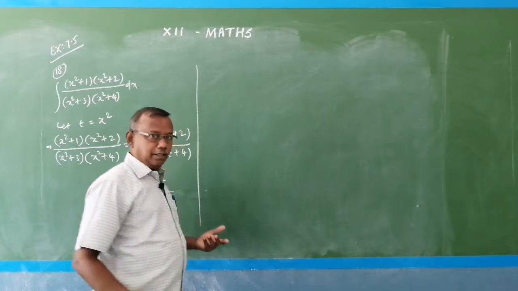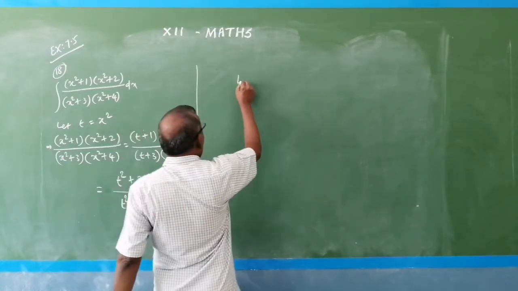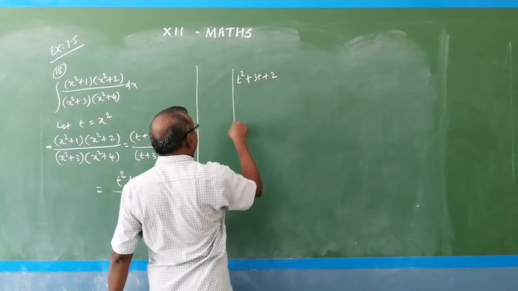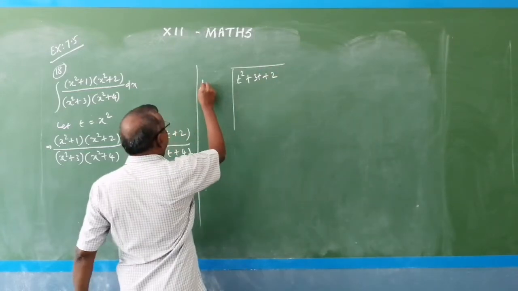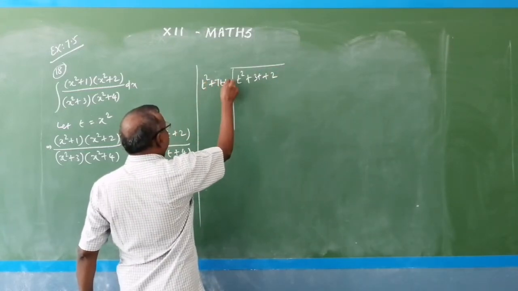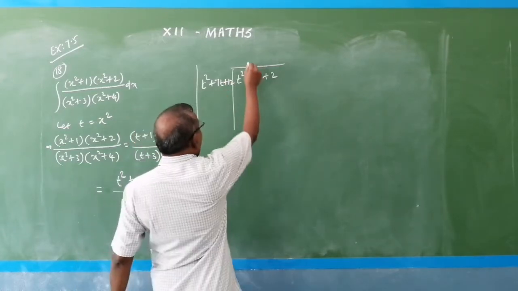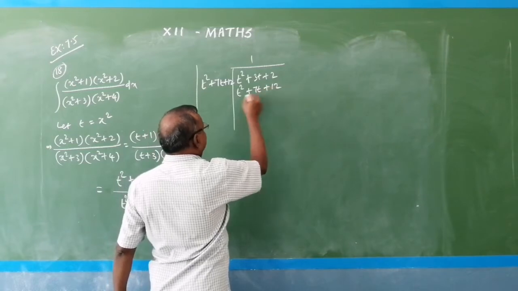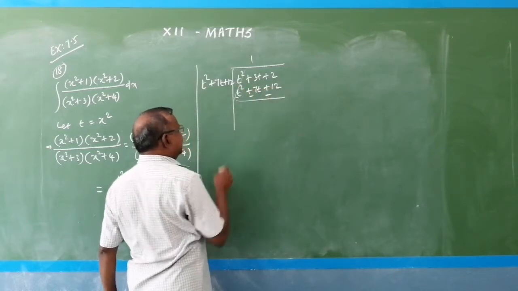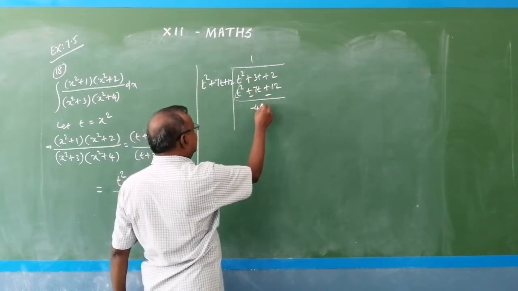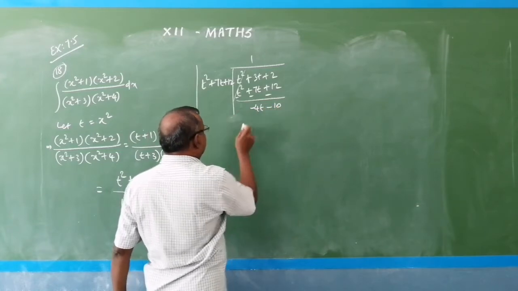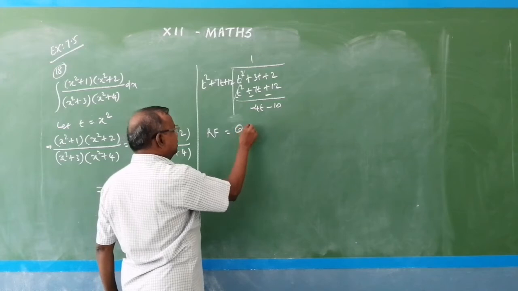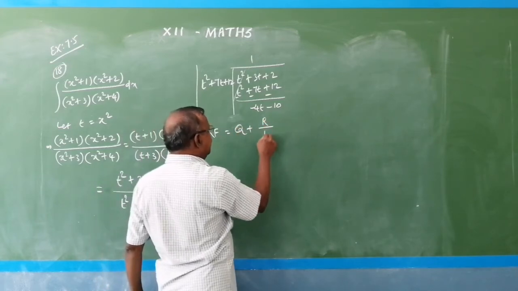I am using the long division method, that is, t square plus 3t plus 2 divided by t square plus 7t plus 12. We have 1 time, so t square plus 7t plus 12. Changing the sign, we have eliminated t square and got minus 4t minus 10. We know that this rational function is equal to quotient plus remainder by divisor.